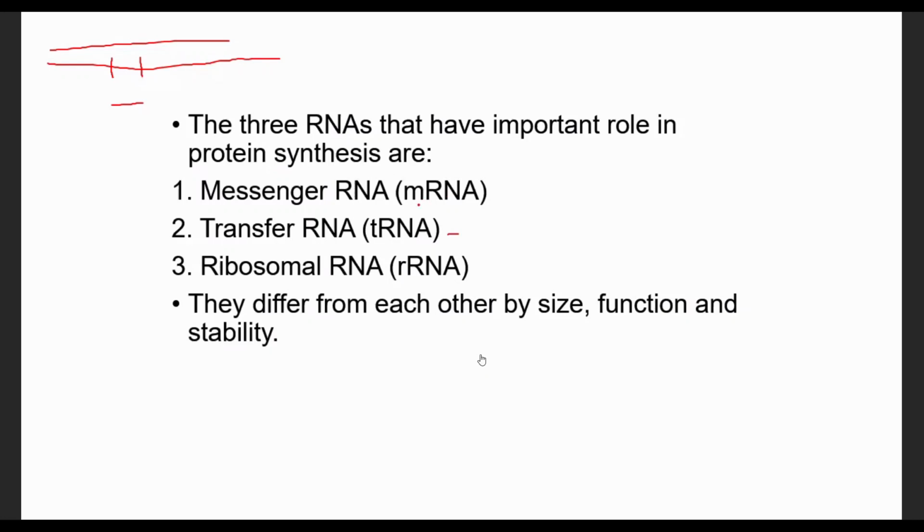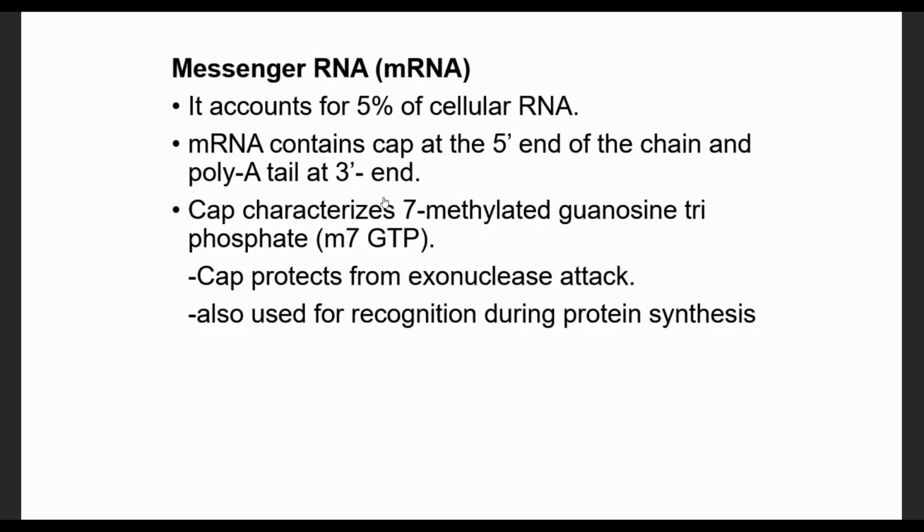For example, messenger RNA is the largest in length, even though it accounts for the smallest percent of the total RNA molecule. This is the longest type of RNA molecule, and the shortest one is transfer RNA. The messenger RNA accounts for only 5% of the total cellular RNA molecule, which is the smallest in percentage.